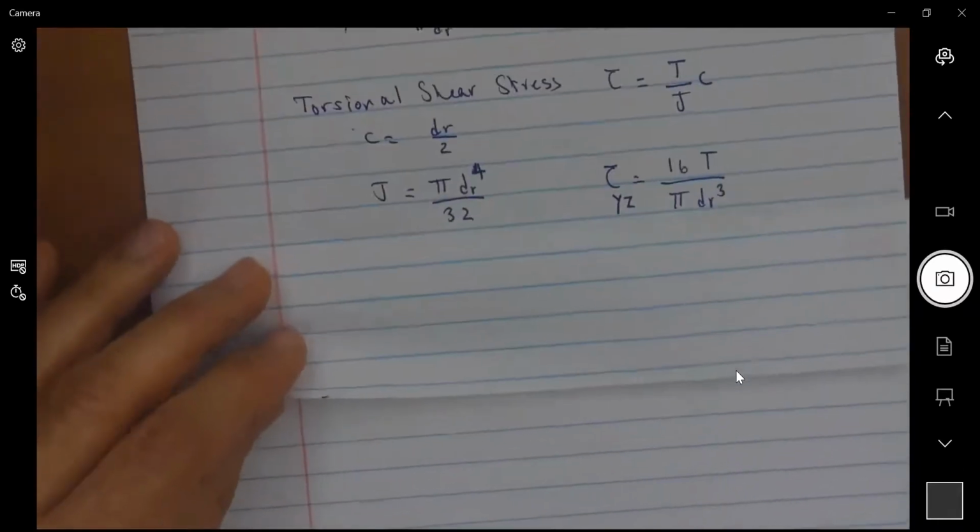Next, we want to look at stresses in the threads of the power screw.